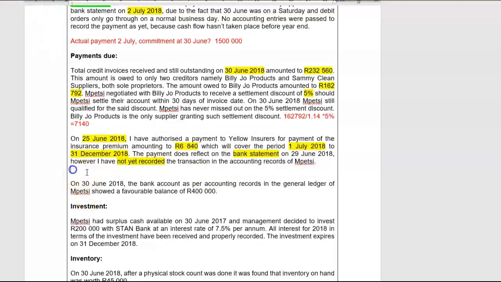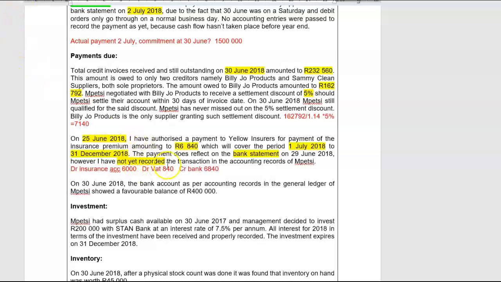However, I have not yet recorded the transaction in the accounting records of Mpetsi. So what should he have done? He should have debited the insurance account with a VAT exclusive amount of 6,000 Rand, debited the VAT control account with a VAT input of 840 Rand, and credited bank with the full amount of 6,840.